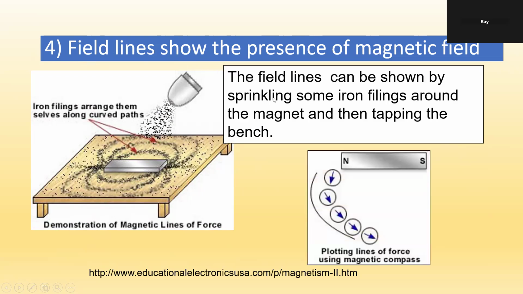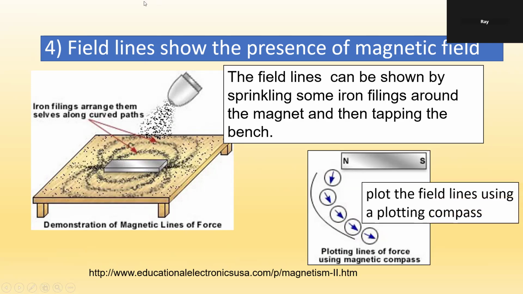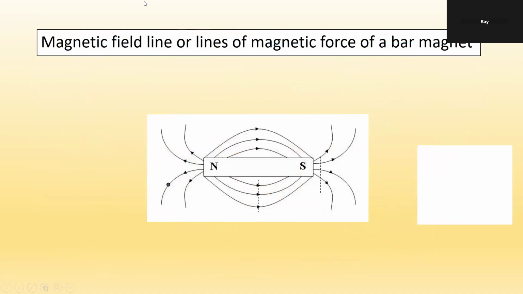Field lines can be shown by sprinkling some iron filing around the magnet and then tapping the bench. Or we can use a plotting compass, a small compass. We can mark a point here, mark a point here. Then after that, put another compass there, mark a point here, mark a point there. Okay, this is not a good diagram. This one is too close together.